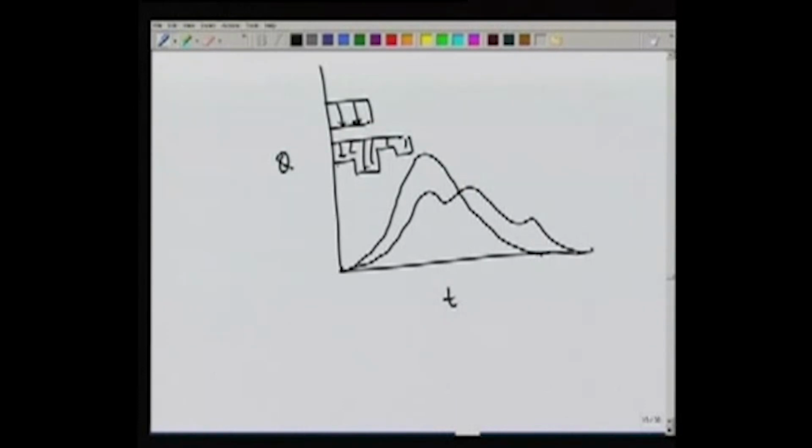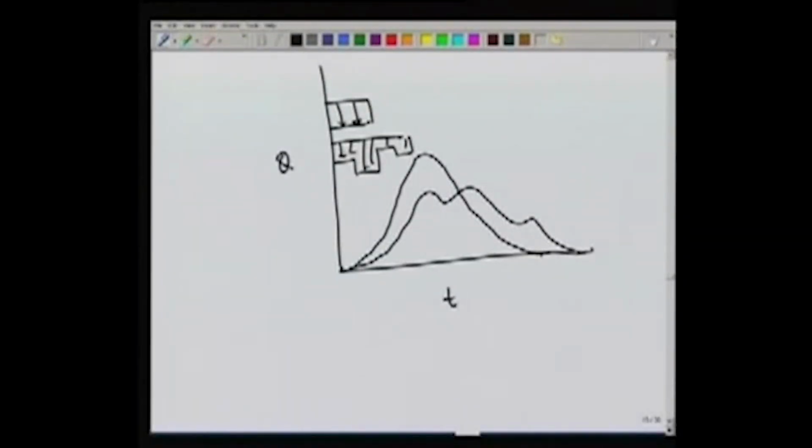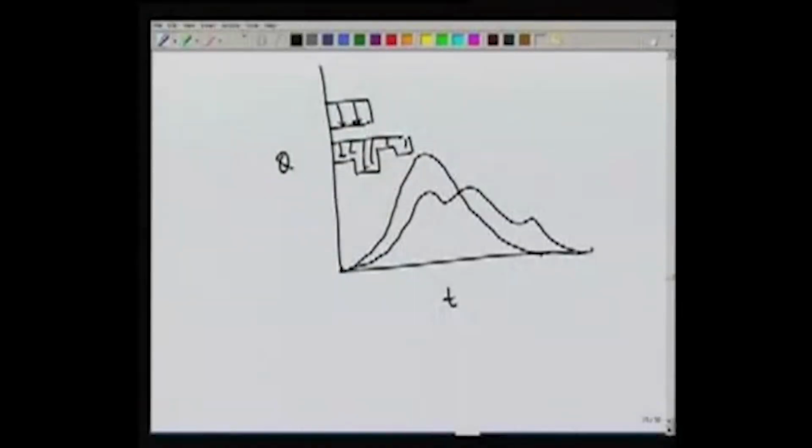So for a complex storm in which various intensities of rain occur for different times, the shape of the hydrograph will be very different. But if we make two assumptions, it makes the analysis much easier, and those assumptions are called time invariance and linearity.